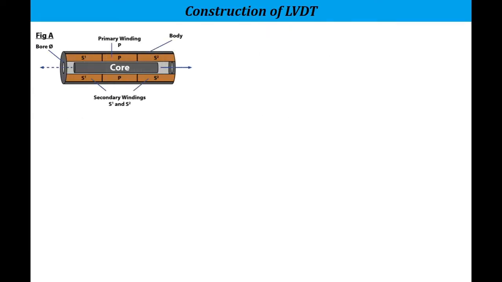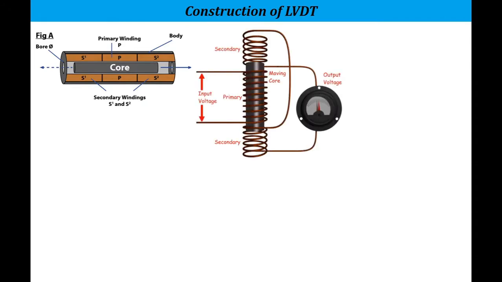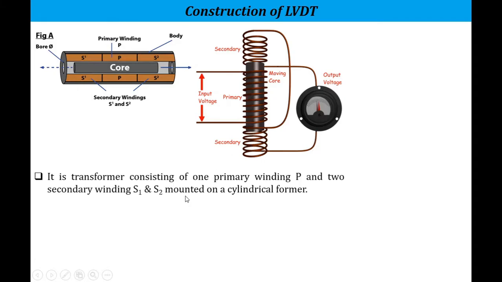Now, this is the actual figure that we will see. This is your primary winding to which input voltage is given. These are two secondary windings, and the rod which is present is made up of magnetic material. One primary winding P and two secondary windings S1 and S2 are mounted on the cylindrical former.